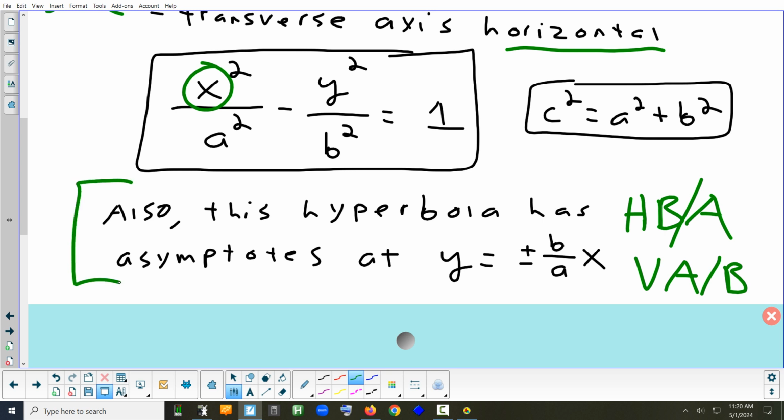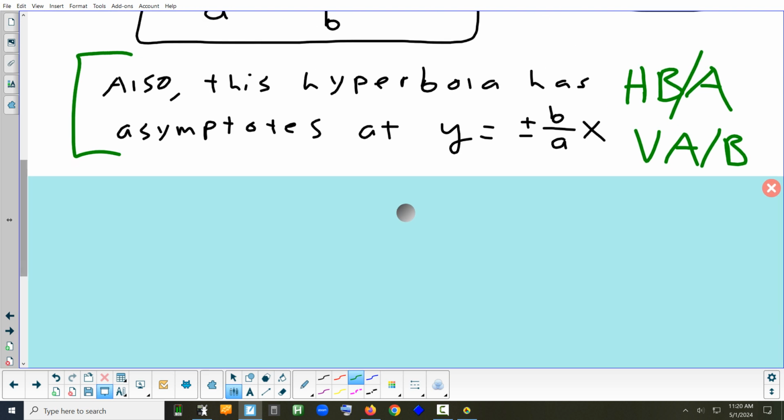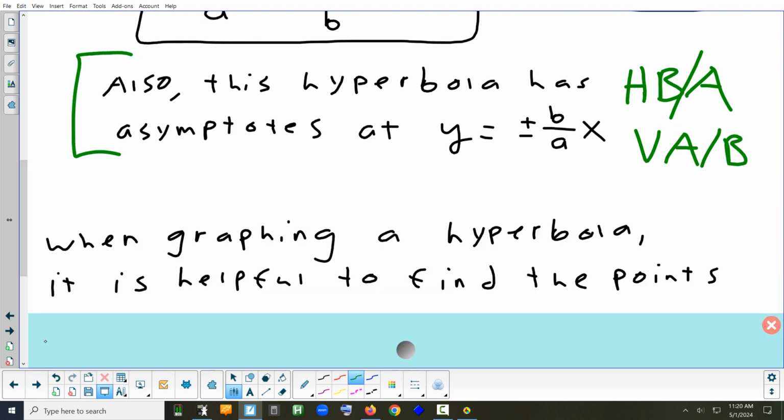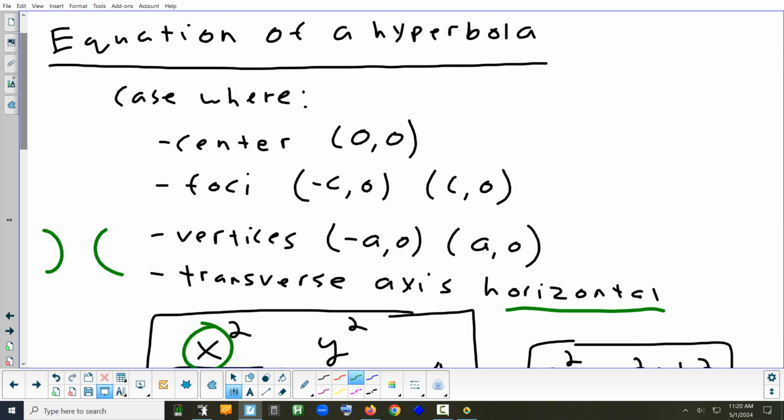We did not have asymptotes with ellipses. Asymptotes always go through the origin when we're not doing transformations. Well, they only go through the origin if the center is at 0, 0, which is just what we're starting. Eventually, they don't go through the center, and then we'll have to figure that out. When the asymptote doesn't go through the center, it's really not that much harder.